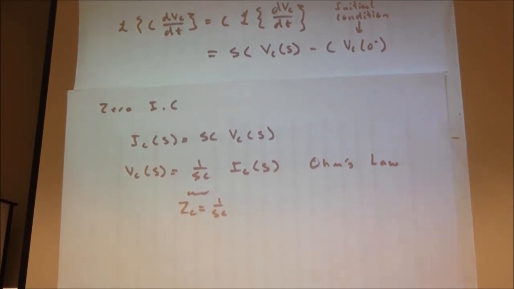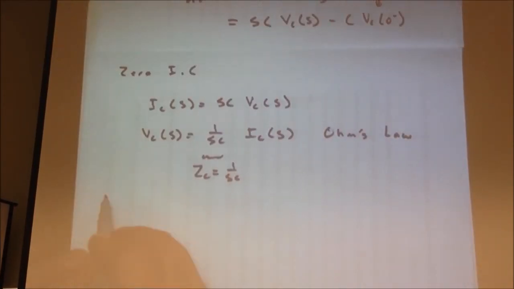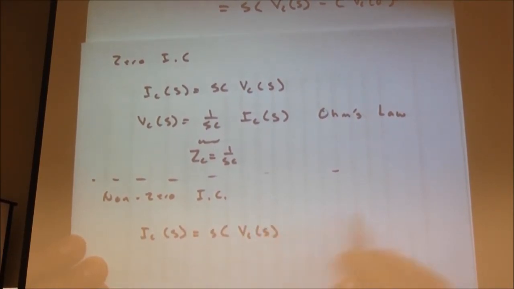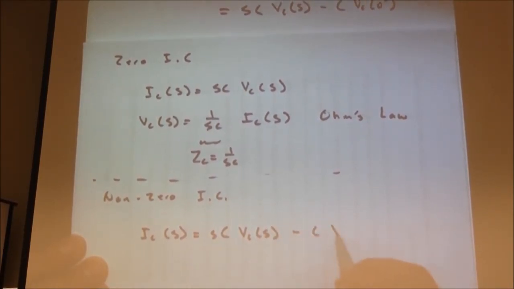That checks. To go back to what we had up here, non-zero initial condition. Well, we have IC of S equals SC VC of S minus C VC 0 minus.